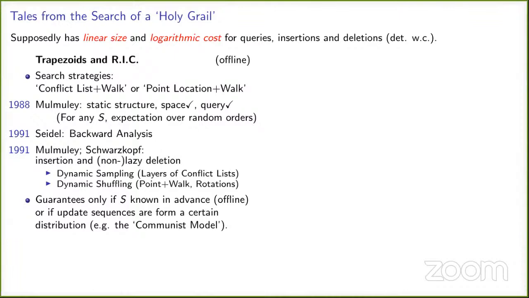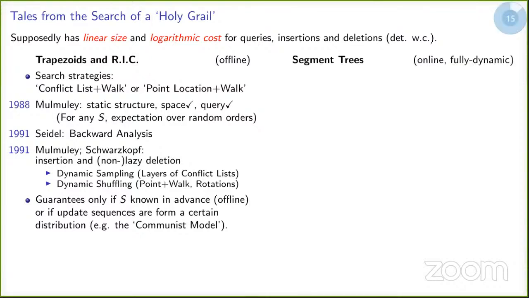In the communist model, a deletion has to delete one of the segments that is currently in the structure uniformly at random, and every insertion needs to insert one of the segments that is currently not in the structure uniformly at random. So they only give bounds for update sequences that are from this distribution. Therefore, they're either offline structures or assume a very particular update model.